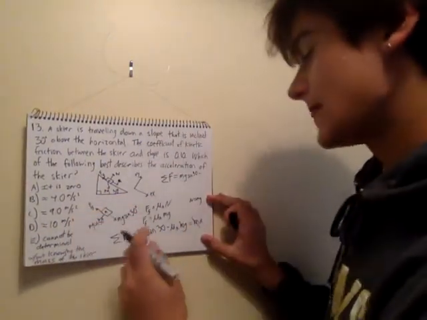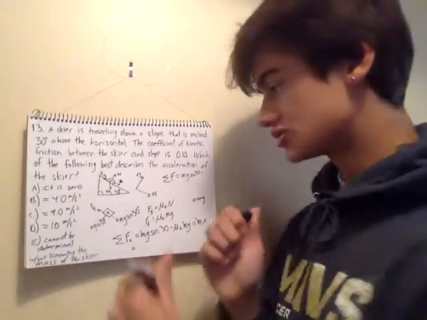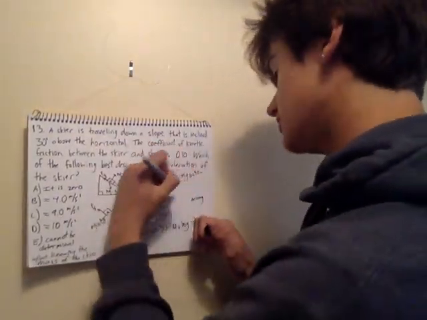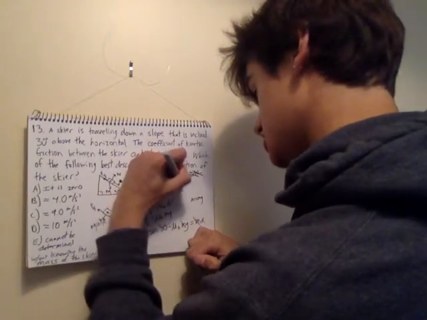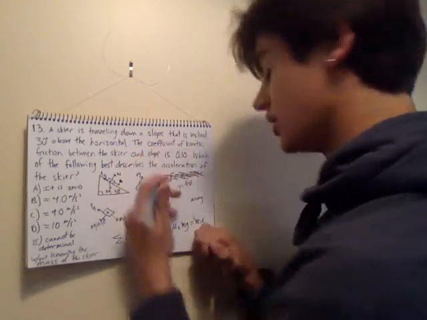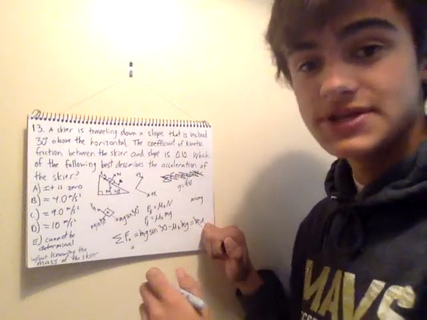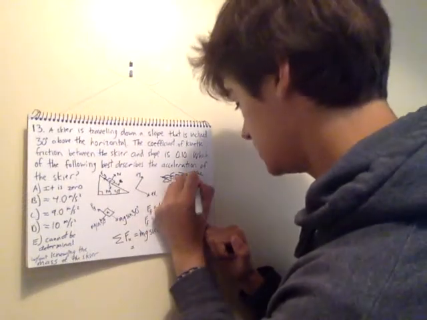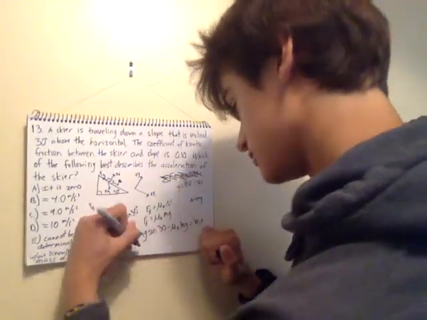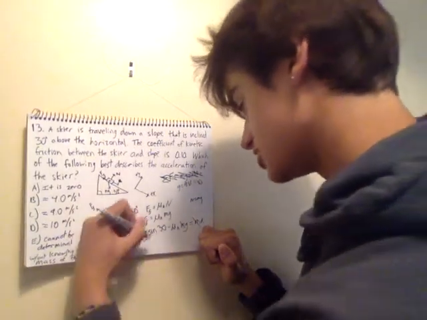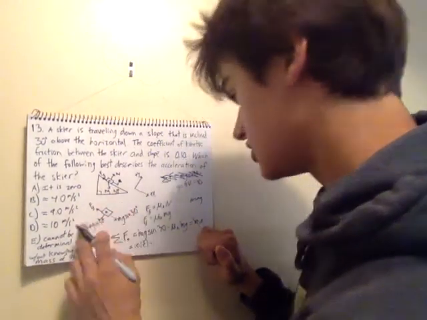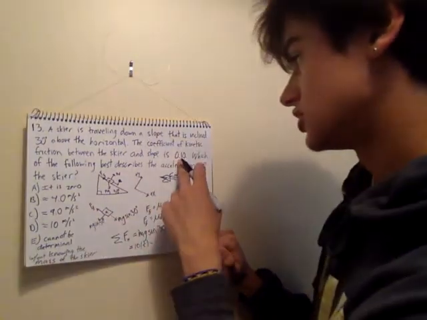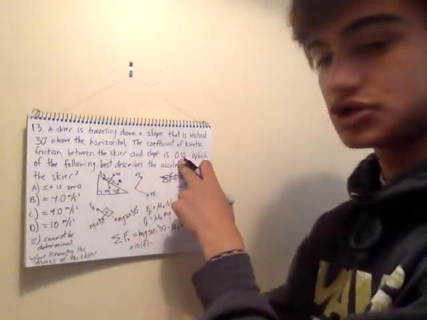So g is the gravitational constant. It's about 9.81, but on the AP test, we're just going to round it to 10. So 10 sine 30 is 1/2, minus our coefficient of kinetic friction, which is 0.1.